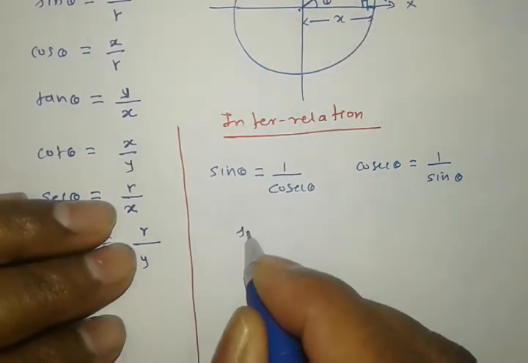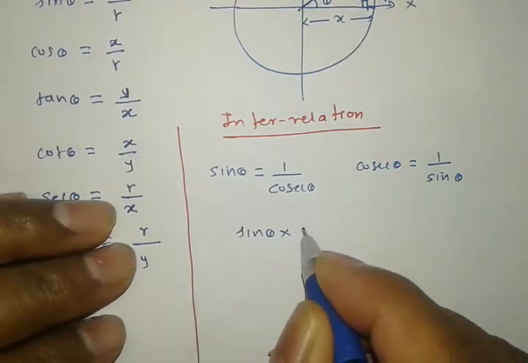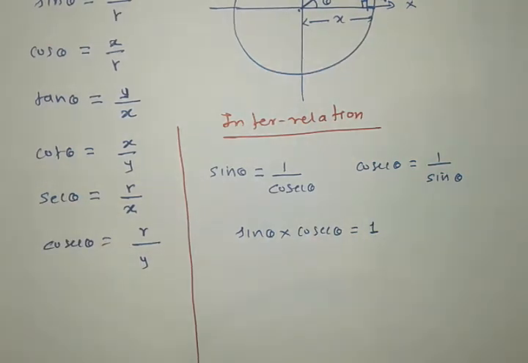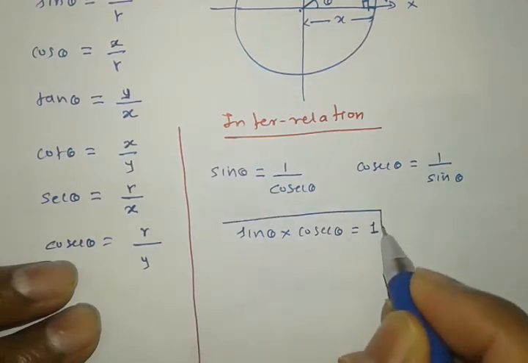It means the multiplication of sin theta and cosec theta is 1. This is an important formula.